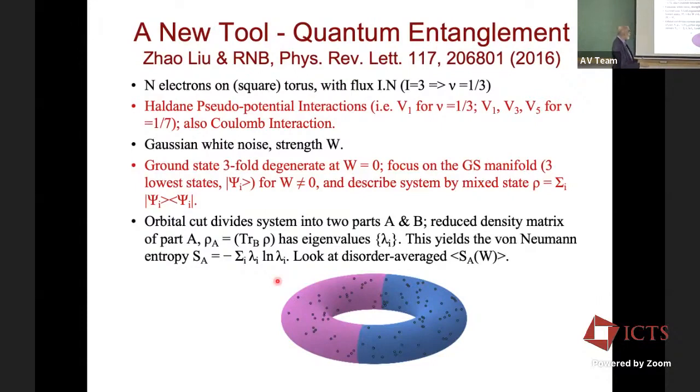Then we look at its eigenvalues, and from the eigenvalues we can get the von Neumann entropy, and we look at the disorder average von Neumann entropy in this case.